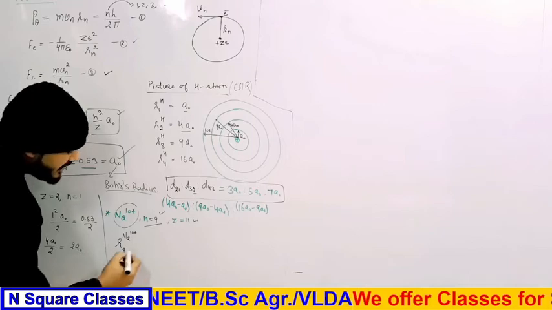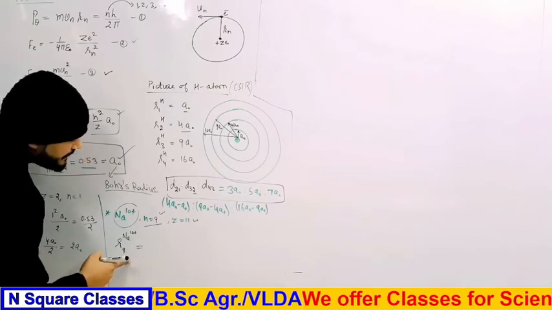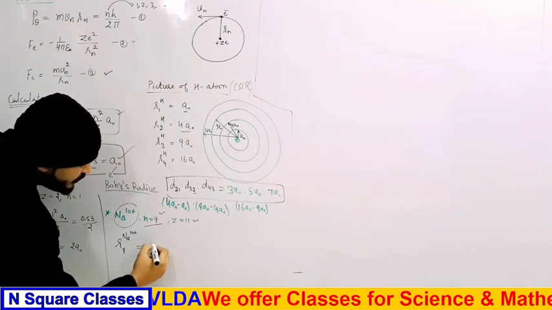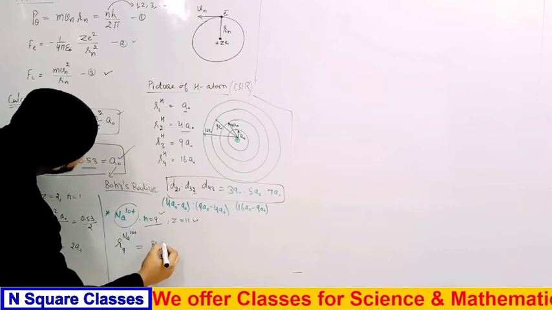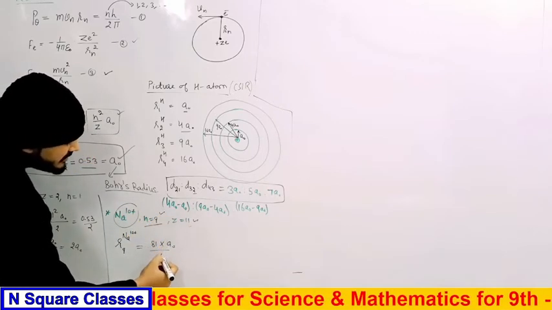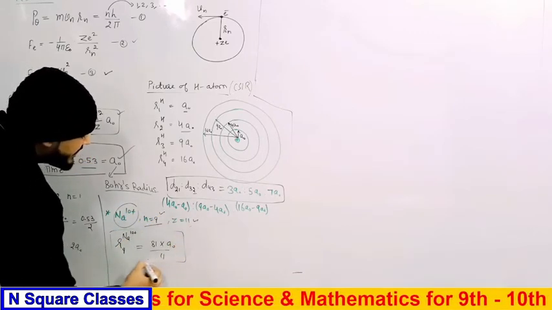Clear? Now this is hydrogen like, so what is the formula? n square upon Z, what is n? This is 9 into 9, that is 81 into a naught divided by Z, Z is 11. So you can calculate like that.